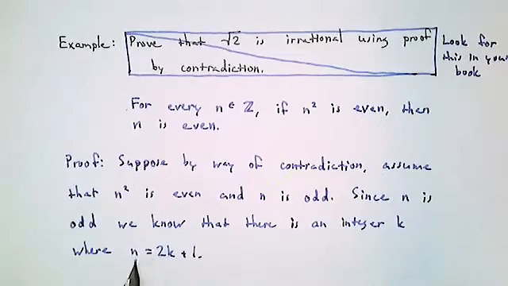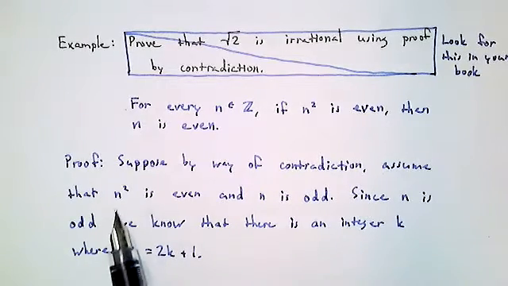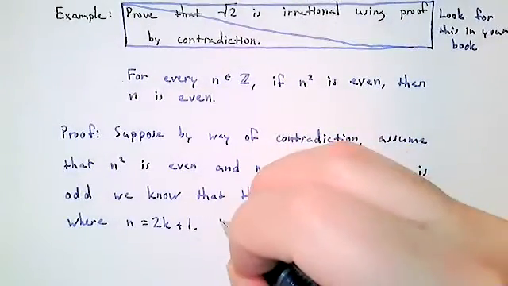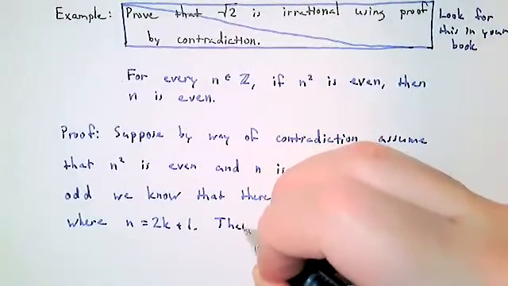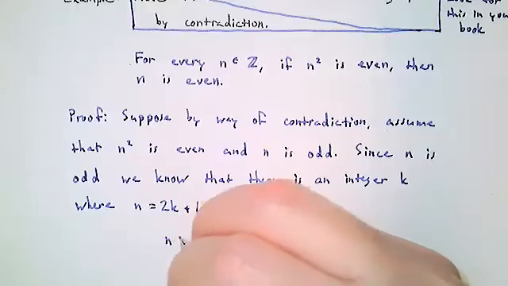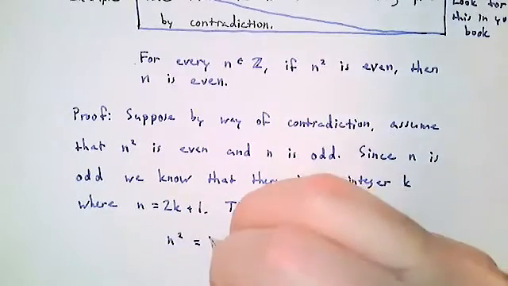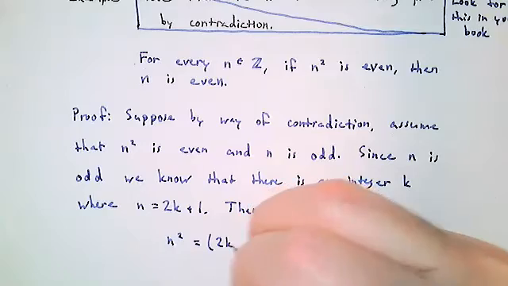And if we want to get an idea of how n is related to n squared, we could just square both sides of this. So let's do that. So n squared is equal to this side squared, 2k plus 1.